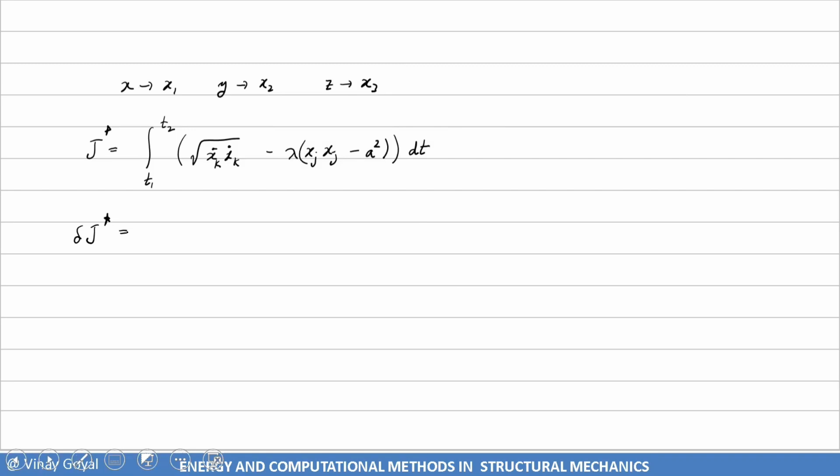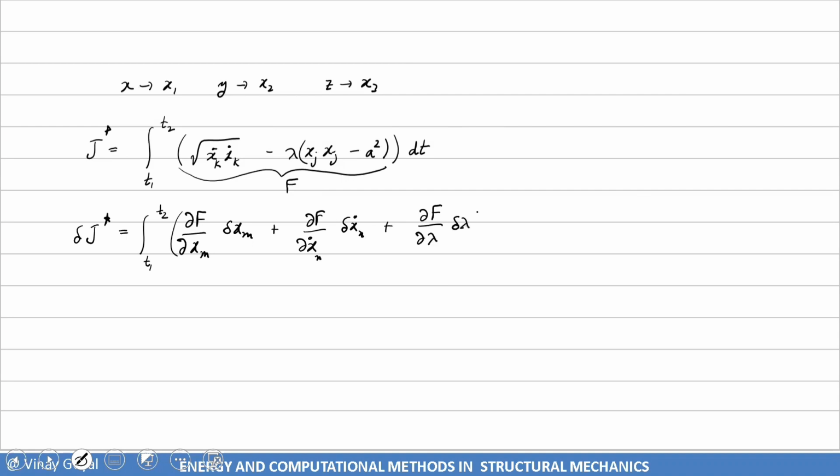And I will not do the one for lambda because that automatically renders the constraint itself. I mean, I could do it if you want. Let's call this f. And what I notice is that f depends on xk dot and xj. So the variation of f is the derivative of f with respect to, let me call it m, xm dot, del xm dot, plus the derivative of f with respect to xn, del xn, and let's do lambda also, so you can see what happens.